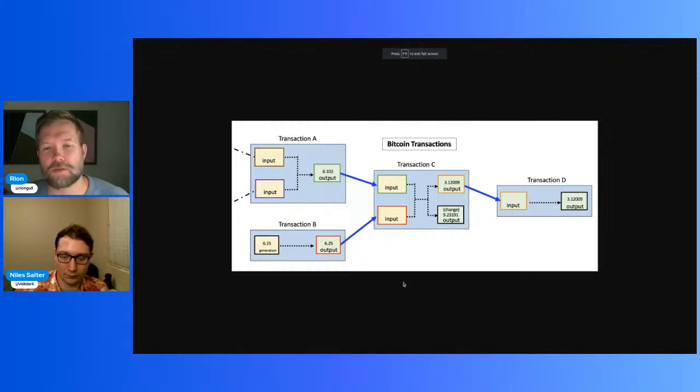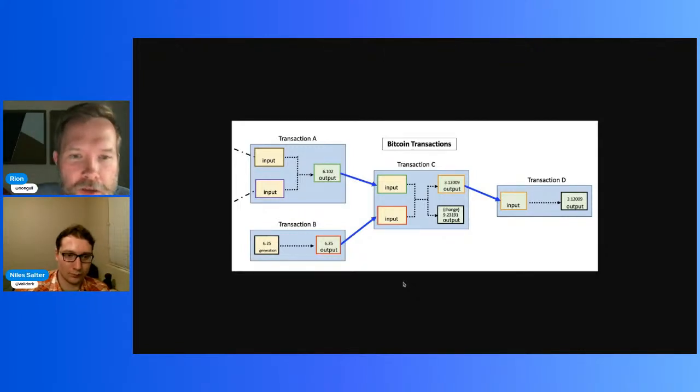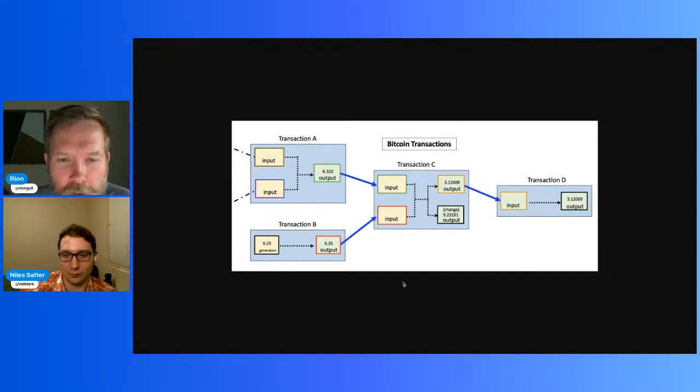What's important to look at here is the transaction C in the middle. The transaction C in the middle is saying, I want to send an output of 3.120 coins to somebody.